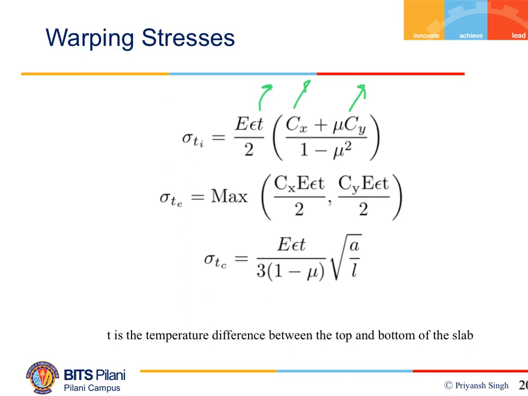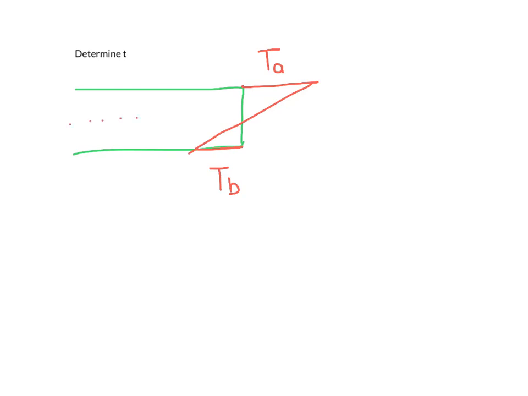Now the next thing which you have to estimate is this T, or difference in temperature between top and bottom of the slab. Now concentrate on this part, how we'll calculate the difference in temperature. So if I have a slab, now the increase in the top of the slab is, let's suppose, Ta, and decrease in the bottom of the slab is, let's suppose, Tb, and this is, let's suppose, the middle of your slab.